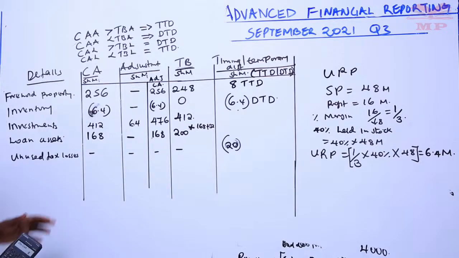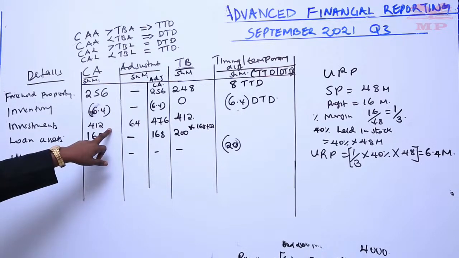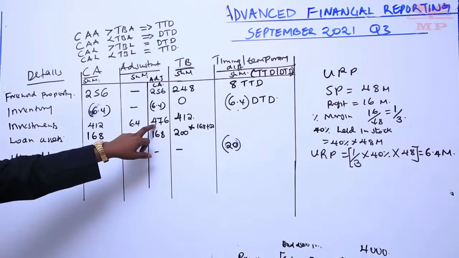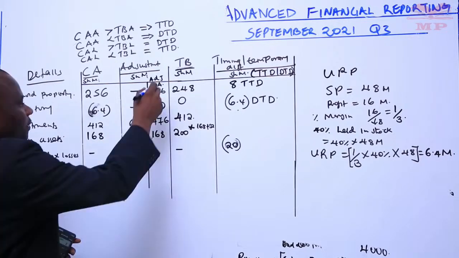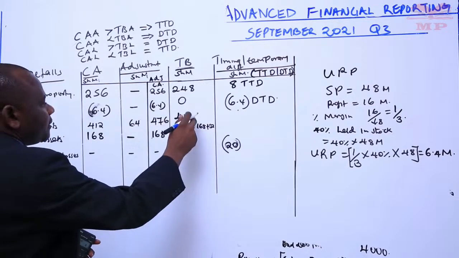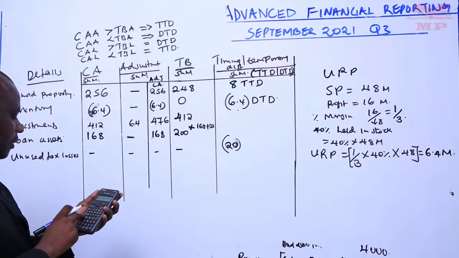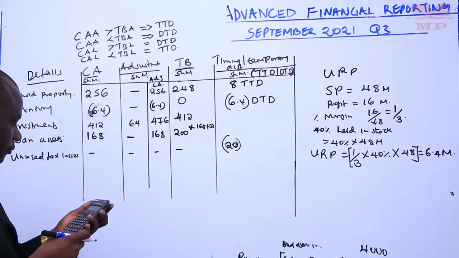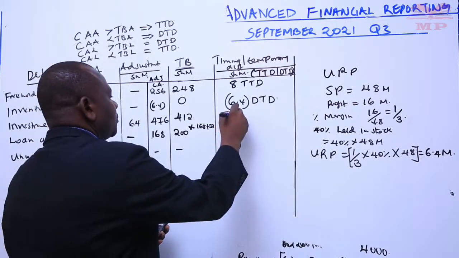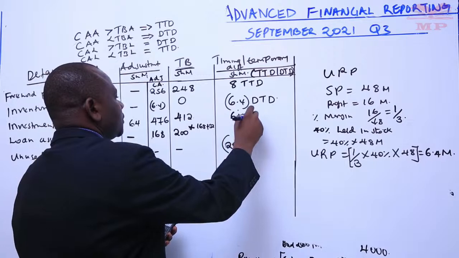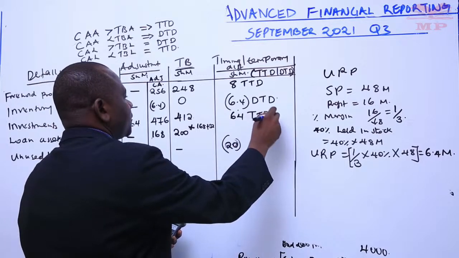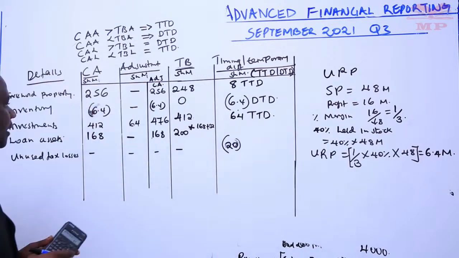Then 476, this is the column we use. 476 minus 412 is giving you 64 taxable temporary difference, resulting in deferred tax liability.